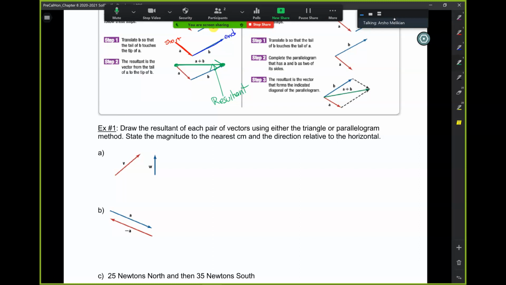So let's do one here. I have V and W, which I need to add. Okay, so we're going to start with V. So what we're going to do is we're going to reproduce V here. Be as precise as you can. And this is not like A squared plus B squared. No, not at all.